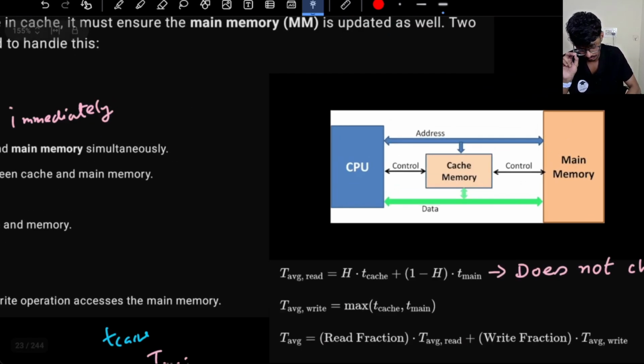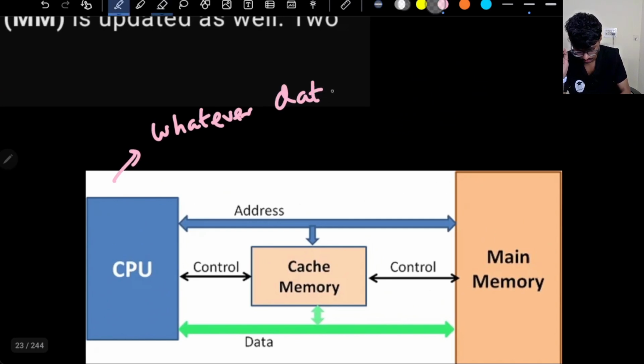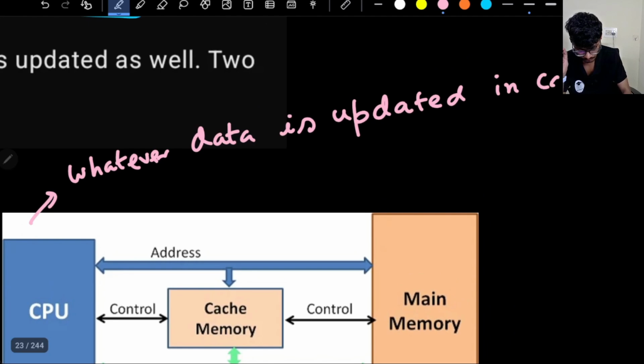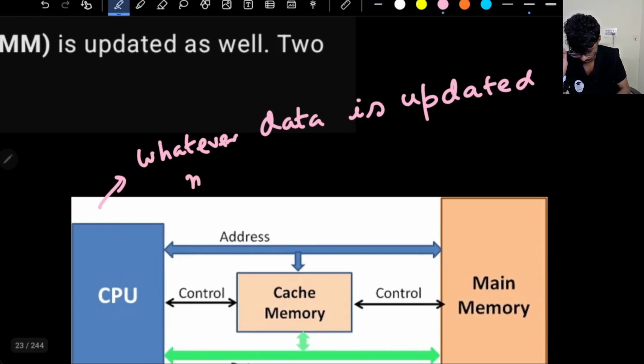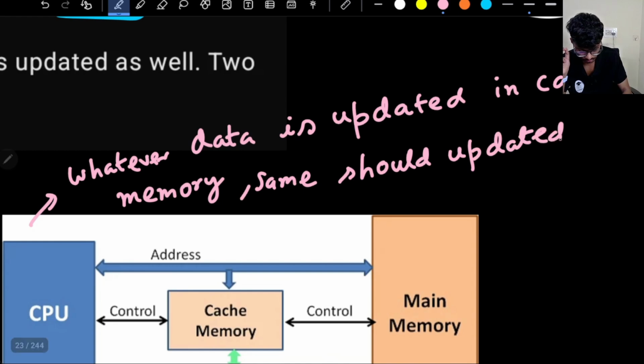The basic concept is that whatever data is updated in the cache memory should be the same and should be updated in the main memory.